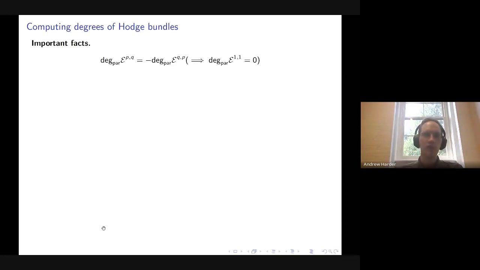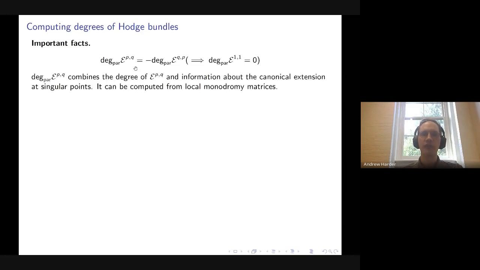I want to explain the process here. So I have to introduce this invariant, which is called the parabolic degree of the Hodge bundle. I'm not going to explain what exactly this is, but this is essentially some invariant associated to these quasi-canonical extensions, which computes data about the degree of the bundle, and it's also going to compute some sort of data about how I extend it over singular points.